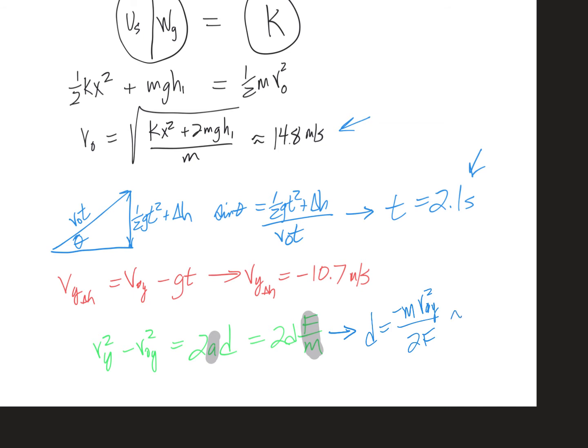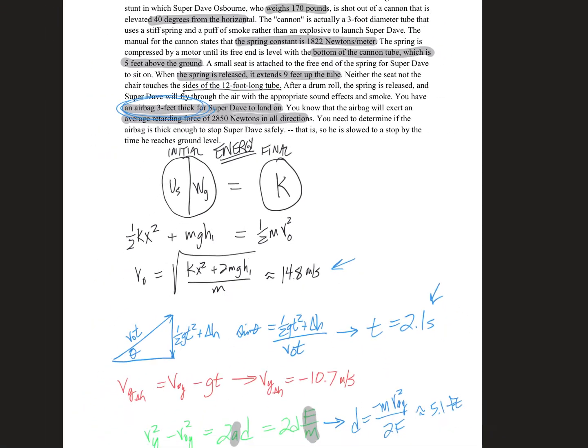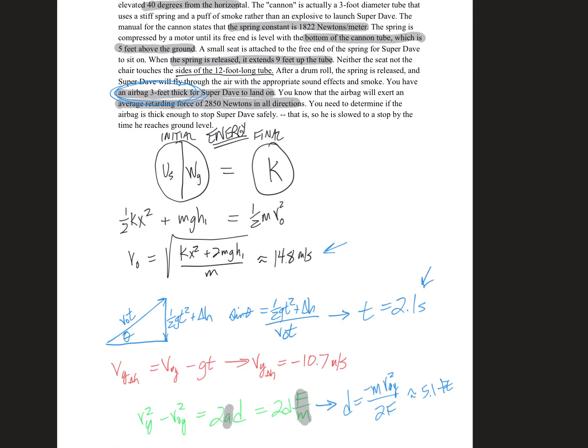If you plug and chug all of this, you get 5.1 feet. This is not good, because 5.1 feet is greater than the 3 feet of airbag that he is going to land on.